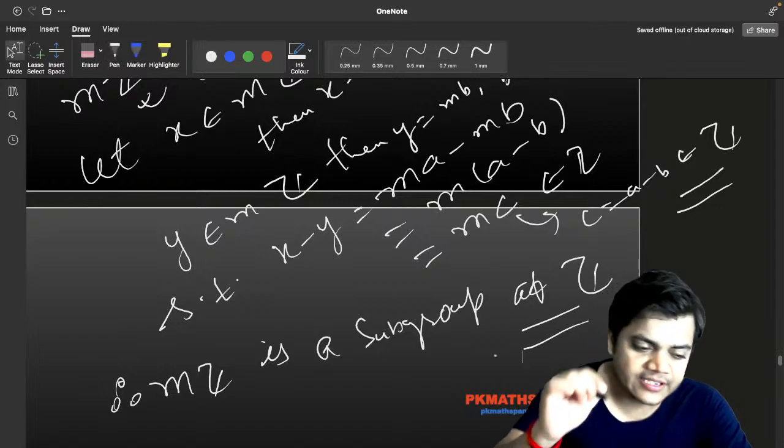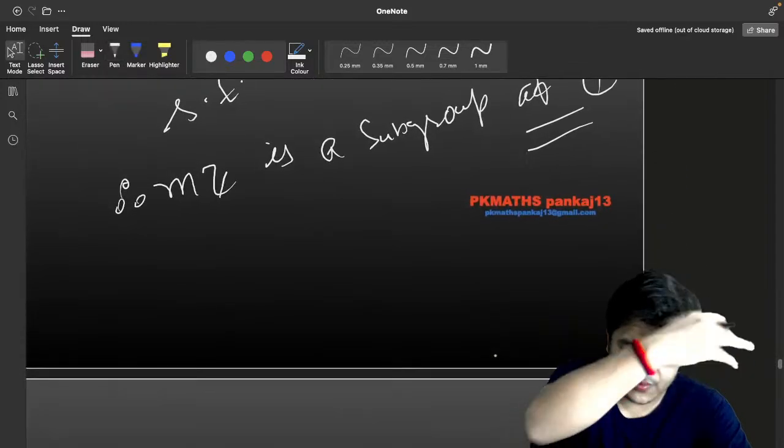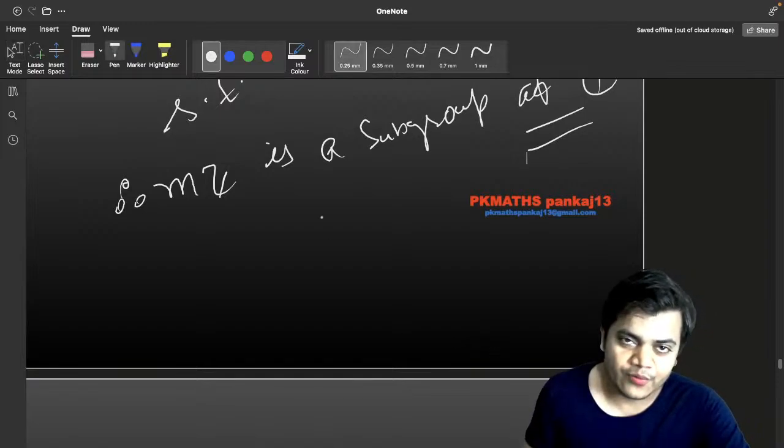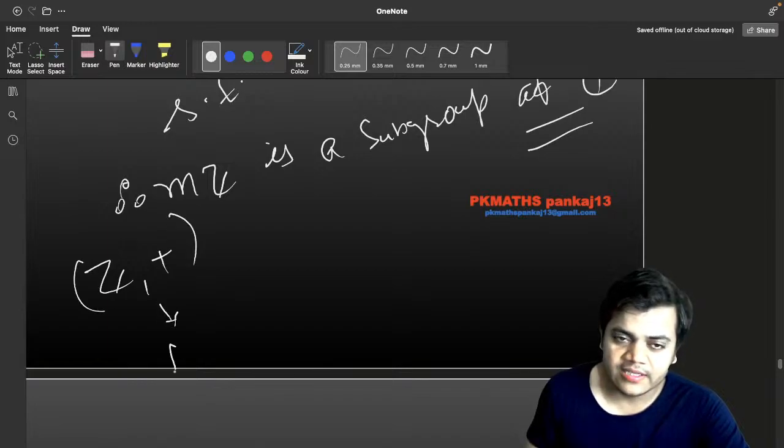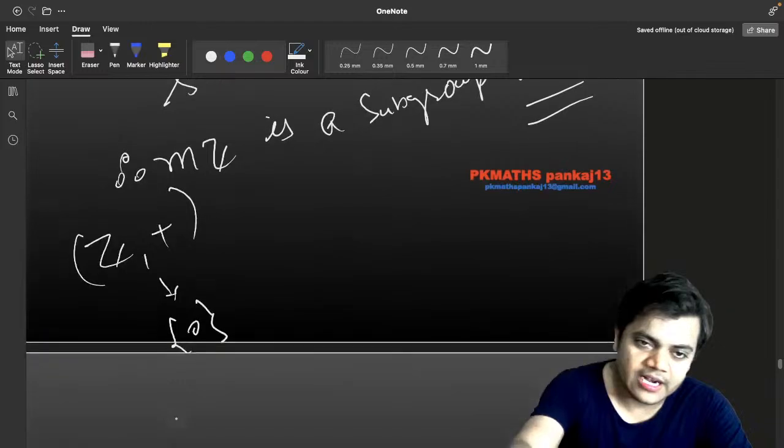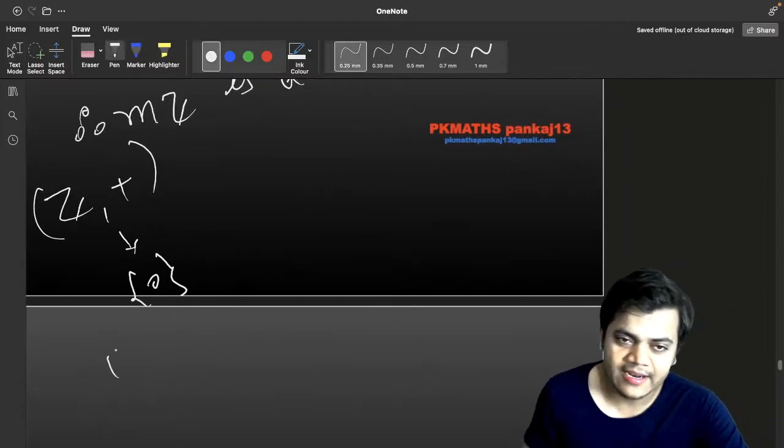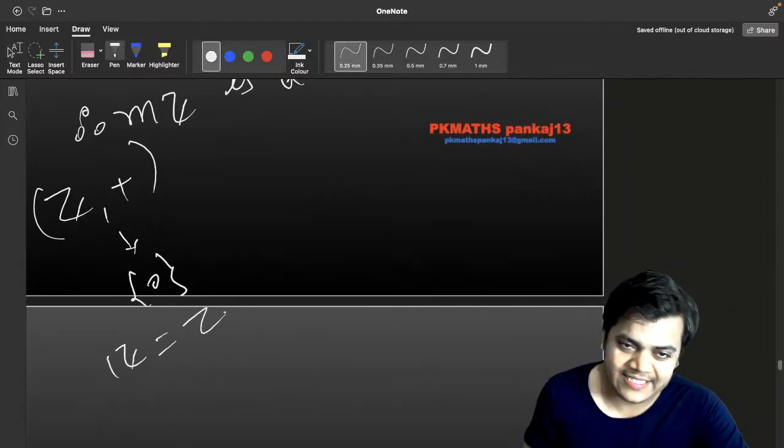And as this m is an integer, which kinds of subgroups are going to be there for this Z with respect to addition? Certainly the identity group, thereafter 1 into Z, which is Z itself.